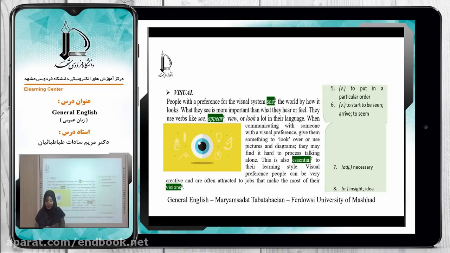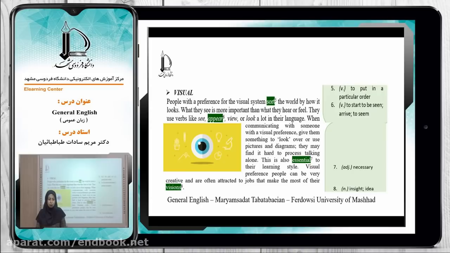And what they see is more important than what they hear or what they feel. They pay attention to whatever they see. That is why they like pictures a lot. Picture description actually is very important to them.